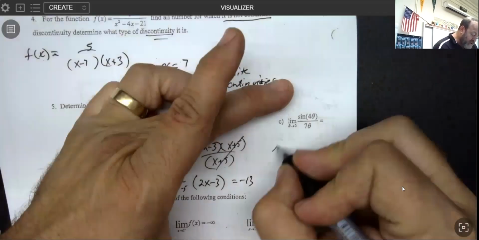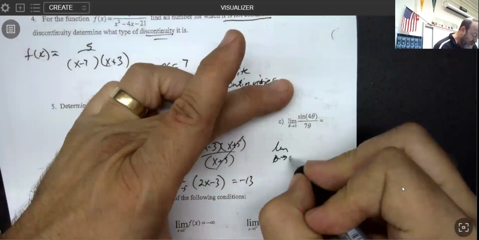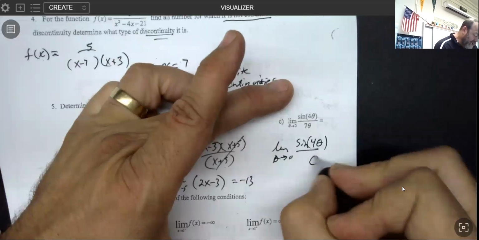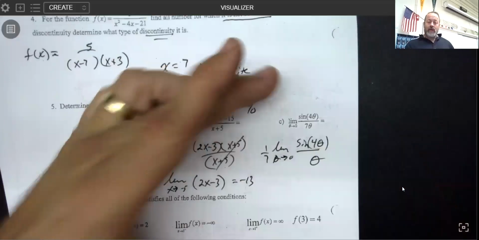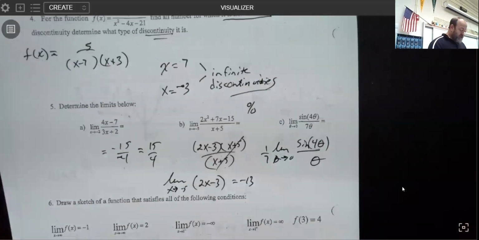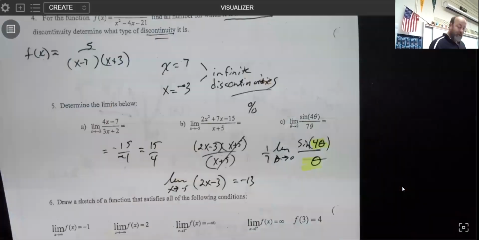Now over here, just like the previous video, we know that we are looking for a very specific story. This says the sine of 4 theta. But I need to ensure that both the numerator and the denominator have exactly the same arguments. So since this piece right here says 4 theta, I need this piece right here to also be 4 theta.